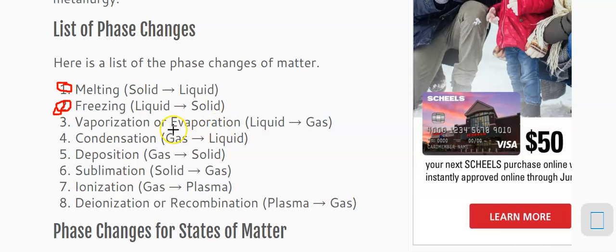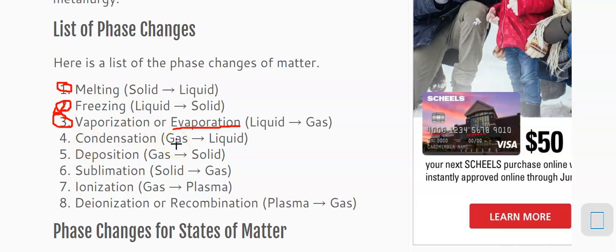Vaporization or evaporation. We use the word evaporation more as regular people, and so that's what I want you to use. And yep, it's going from a liquid to a gas. We've talked about that, so you must include evaporation.